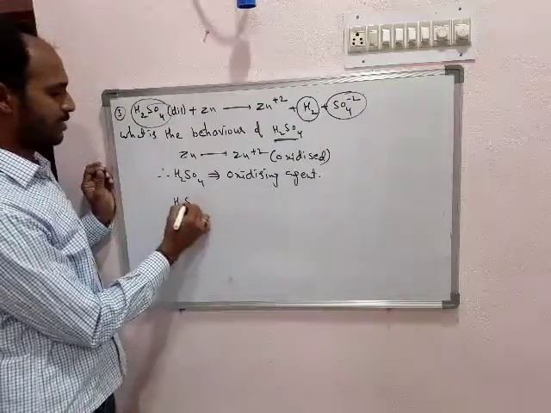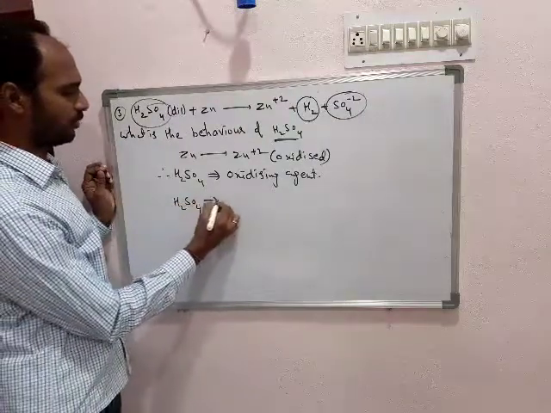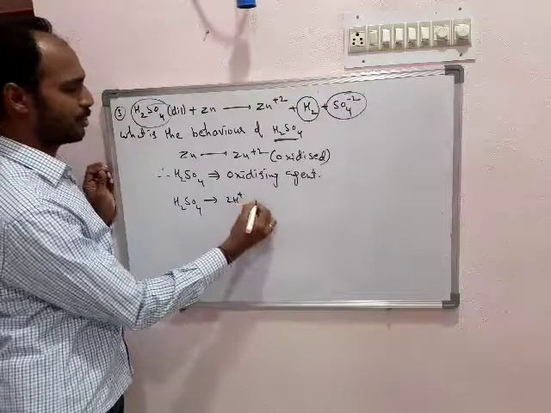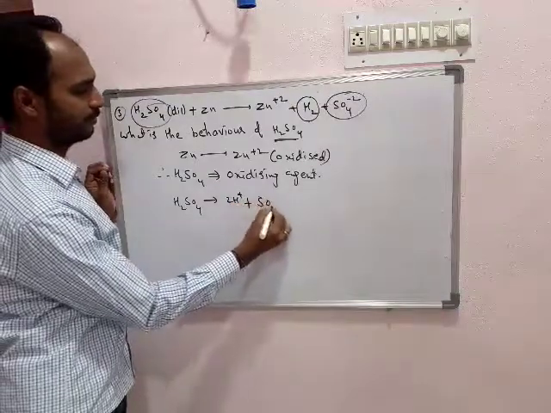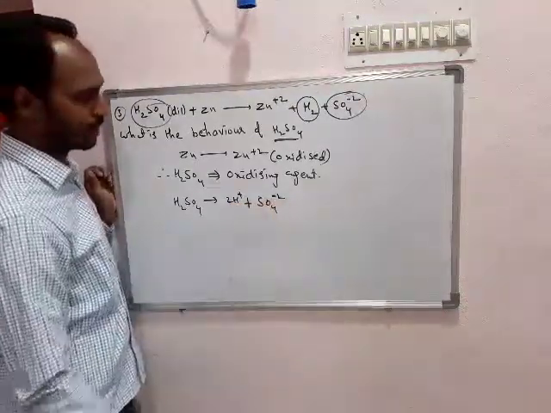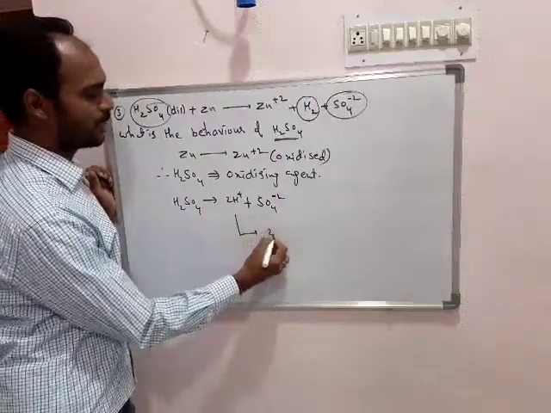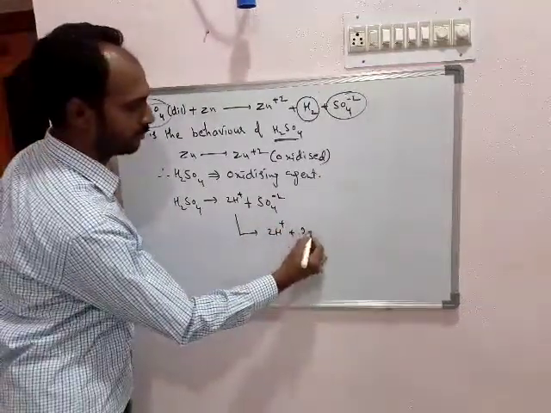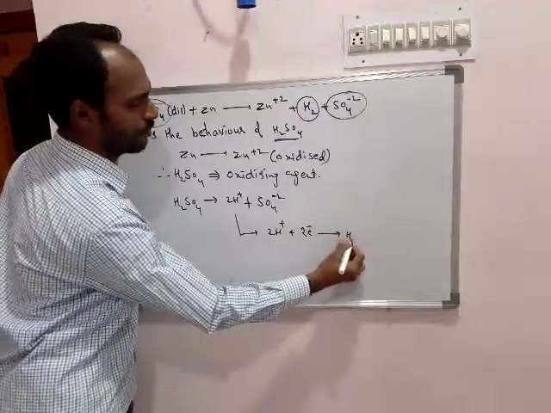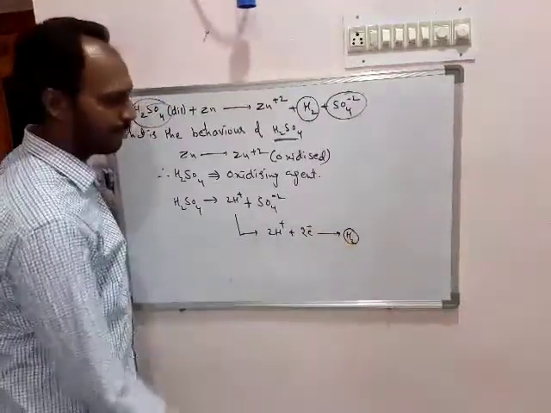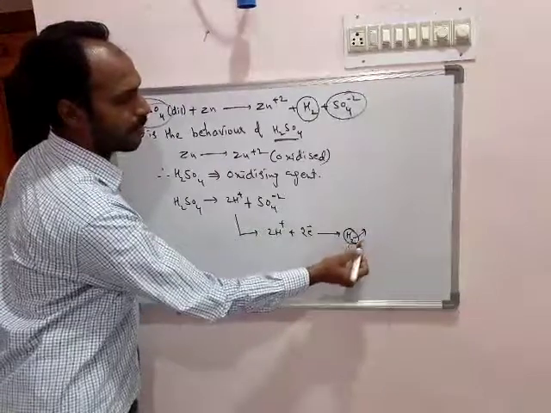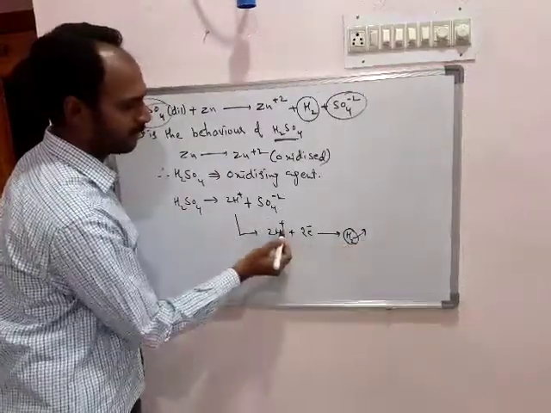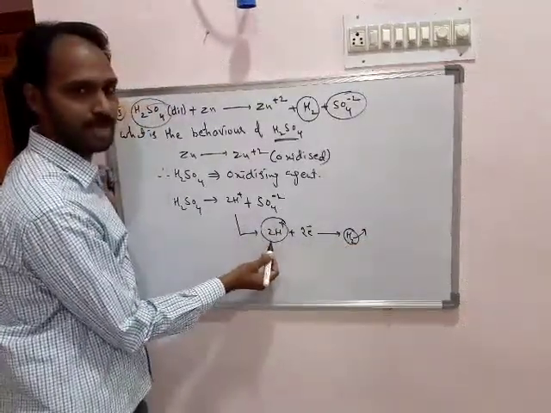So it indicates that H2SO4 gives 2H plus and SO4 minus 2. These two H plus ions undergo reduction forming H2.